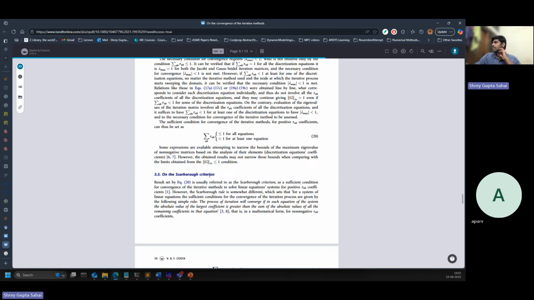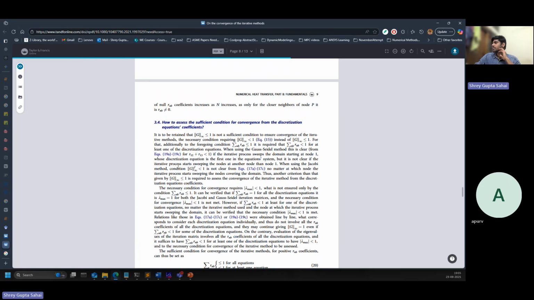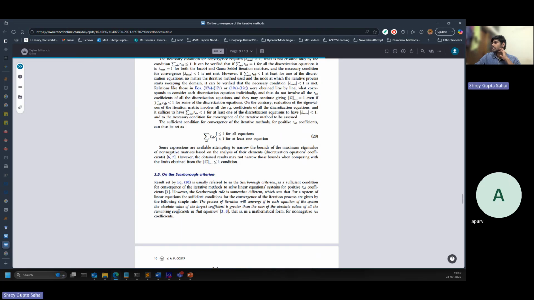Results set by equation 20, usually referred to as a sufficient condition for convergence. Okay, so this is the whole derivation. Sir, can you share this in chat? Because I've gone through a few CFD books also, and they only mention the condition, not much detail.